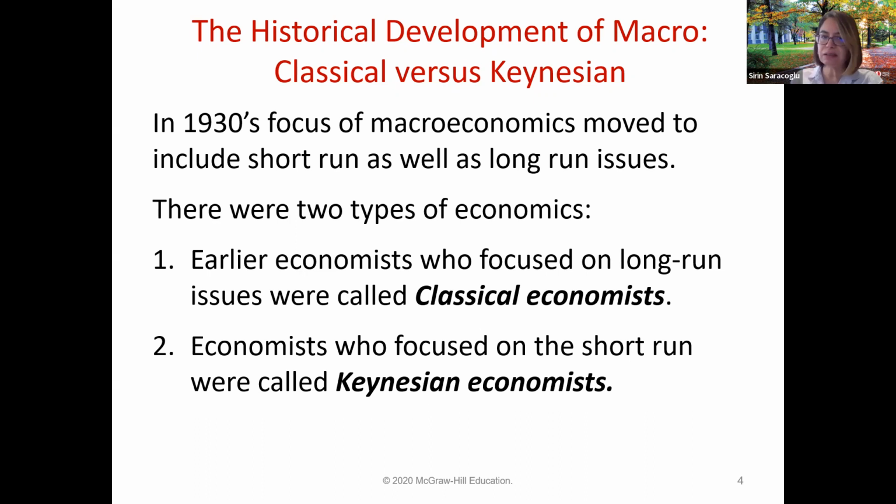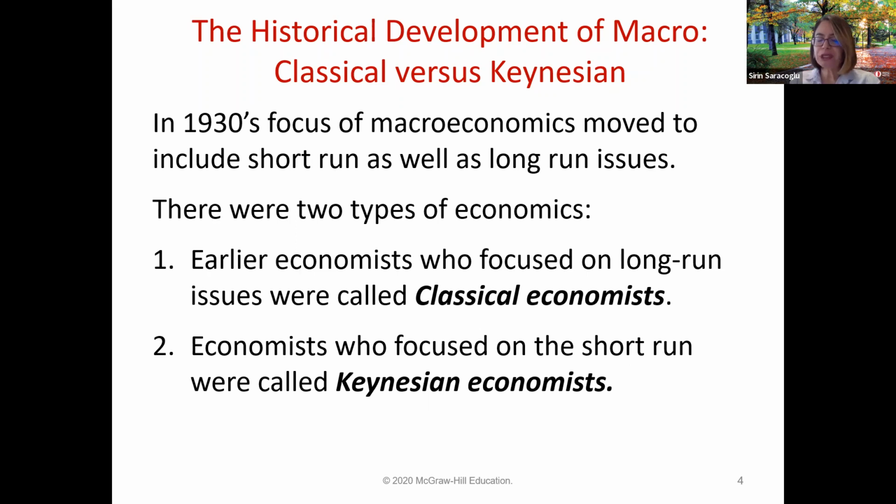So it's basically the potential output level of the economy, where the economic actors are fully allocating the resources to their full efficiency. So in the long run, the classicals believed that with self-regulating characteristic of the free markets, the competitive markets, the short-run problems would not be important. They would disappear in the long run.